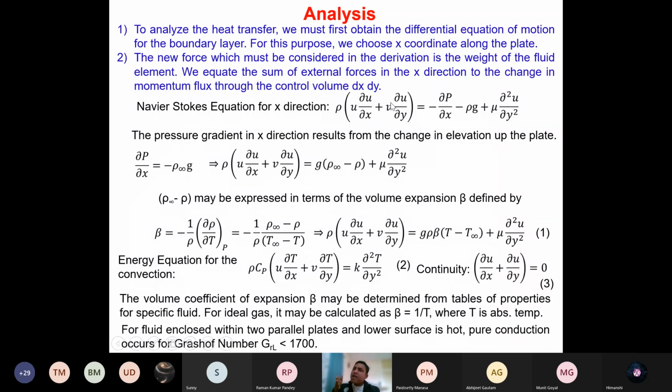Again, we are assuming the fluid movement is uniform along the z direction. The z direction is perpendicular to the plane of your computer, so there is no velocity distribution along the z direction. It is uniform. That's why we have written the Navier-Stokes equation only in the x direction, but there is also a component in the y direction, how the velocity changes along y.